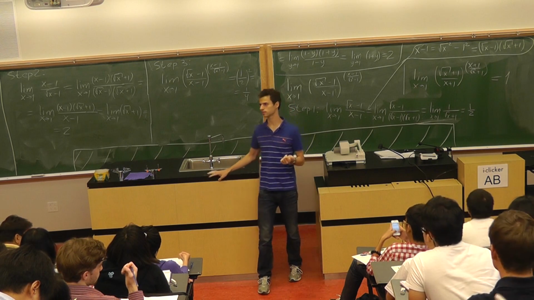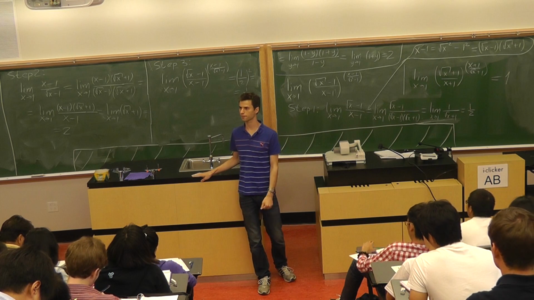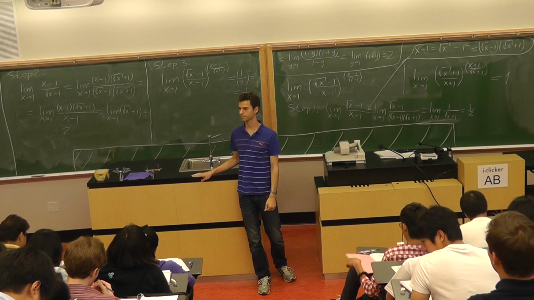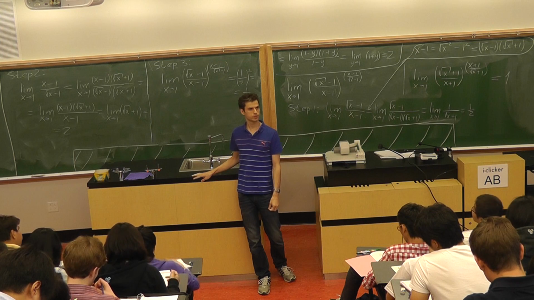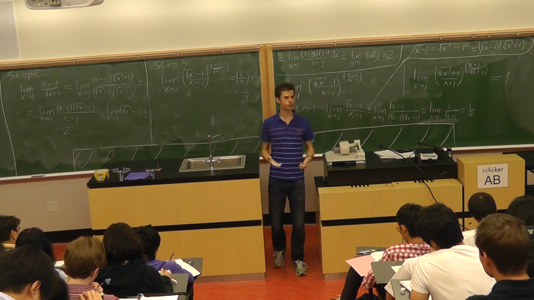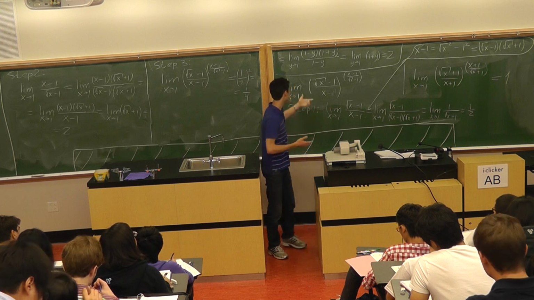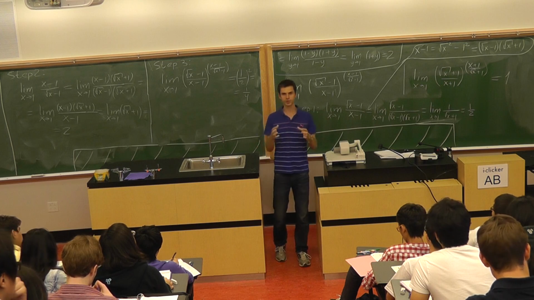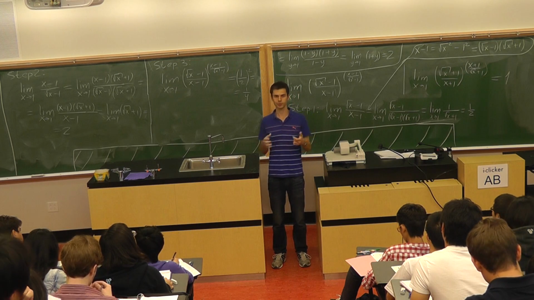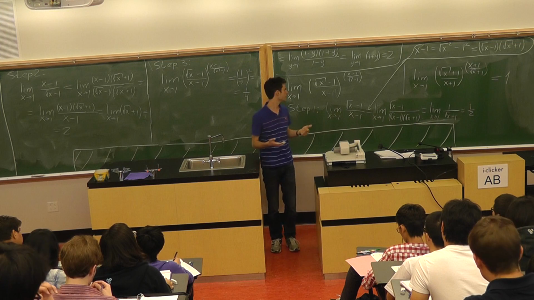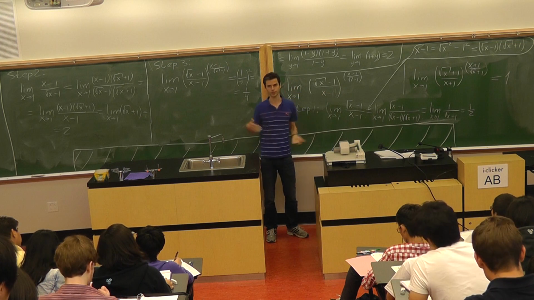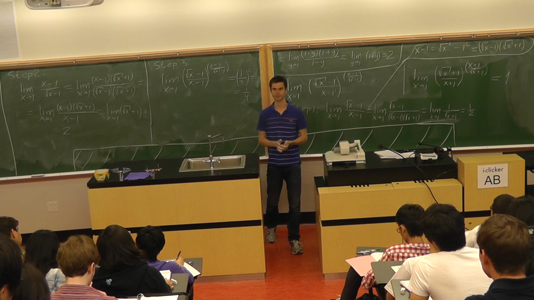Questions about this example? So in general, given a complicated expression, you should be able to split it into manageable parts, compute the limits of each part, and then, if it makes sense, make a conclusion about the whole expression.